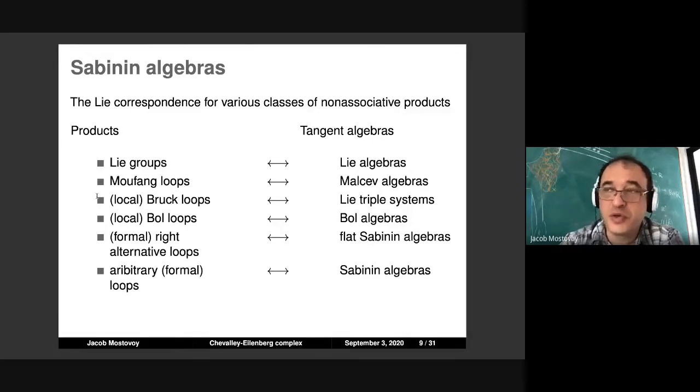A Lie group is a very non-linear structure, and a Lie algebra, the structure of a Lie algebra, is something much simpler, at least on the face of it.